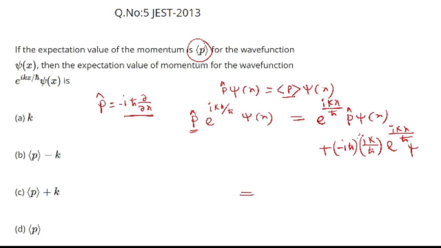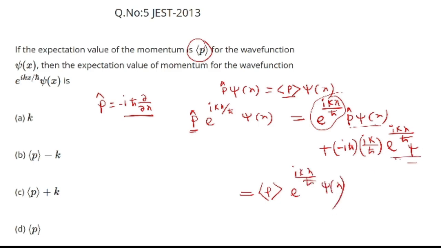So now this part, if we operate on it, the expectation value p we can take out, and then this into psi of x, e to the power iota kx by h cross psi of x.